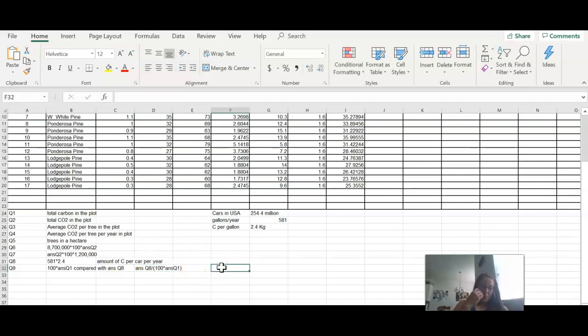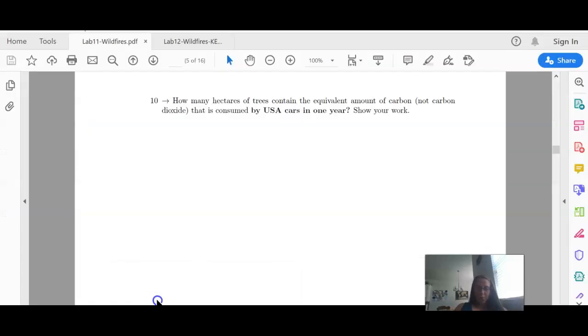I don't know what it's going to be, but that's basically how you figure out how many hectares can take the same amount of carbon that one car releases each year on average. Hopefully that makes sense. If it doesn't, pause it, make sure that you understand what I'm doing, and it makes more sense to you. Alright, let's do question 10 really fast.